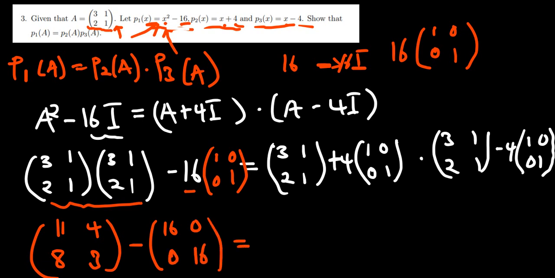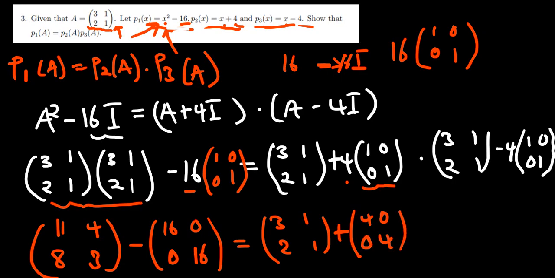This should be equal to [3, 1; 2, 1] plus 4 multiplied by the identity, which gives [4, 0; 0, 4], multiplied by [3, 1; 2, 1] plus [minus 4, 0; 0, minus 4].